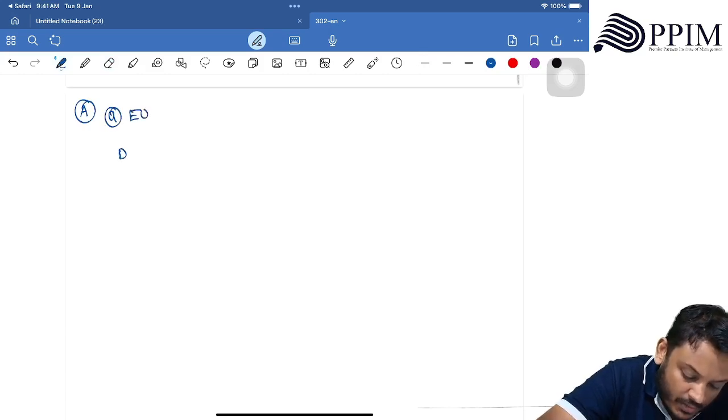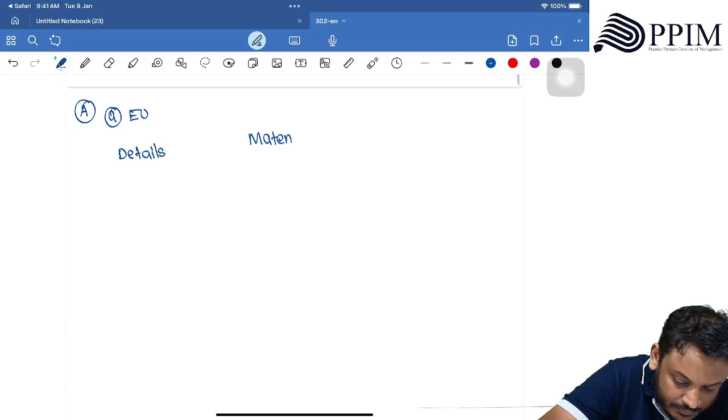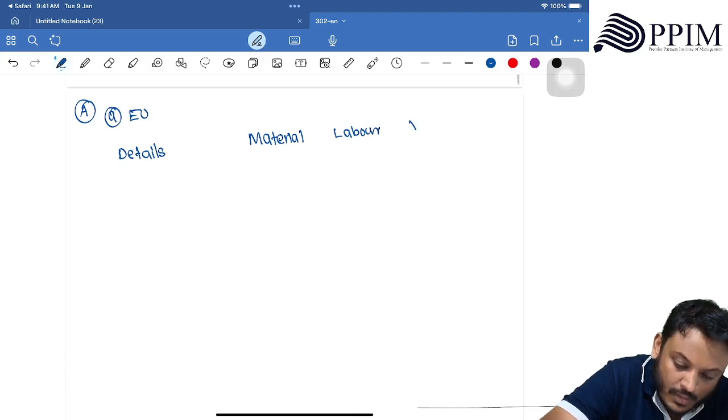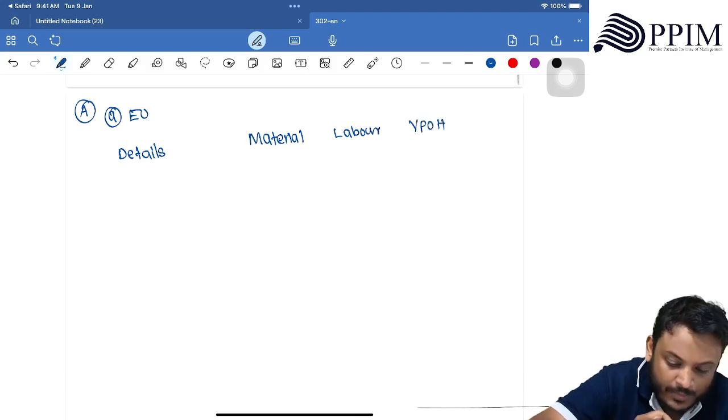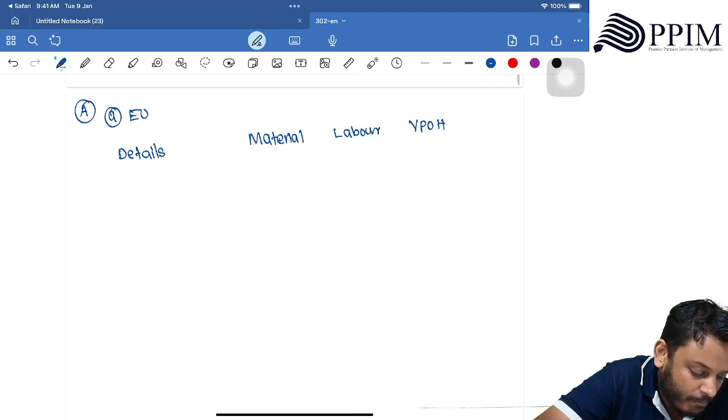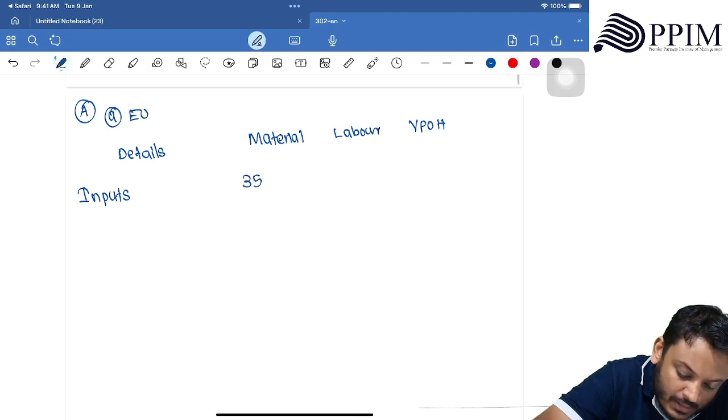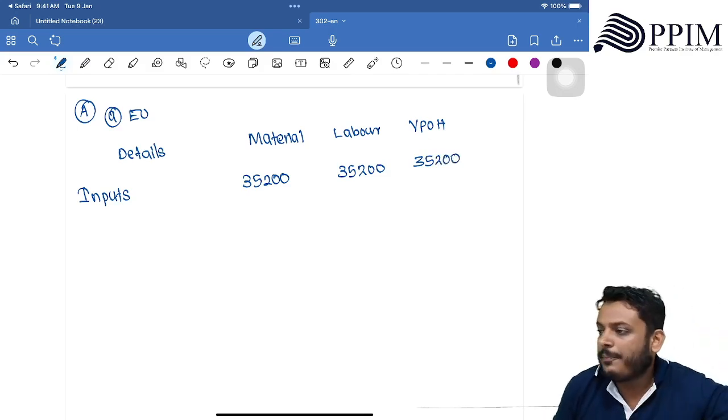EU details: material, labor, variable production overhead. Right? So here students, first I'll take inputs. Inputs material 35,200, input labor 35,200, variable overhead 35,200 because it is 100%.